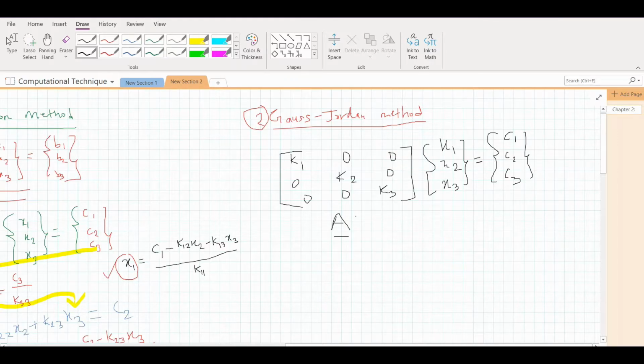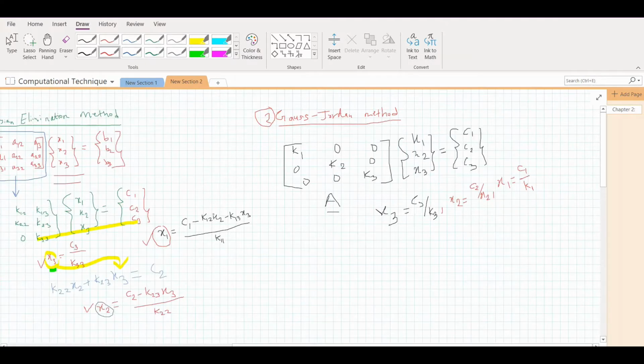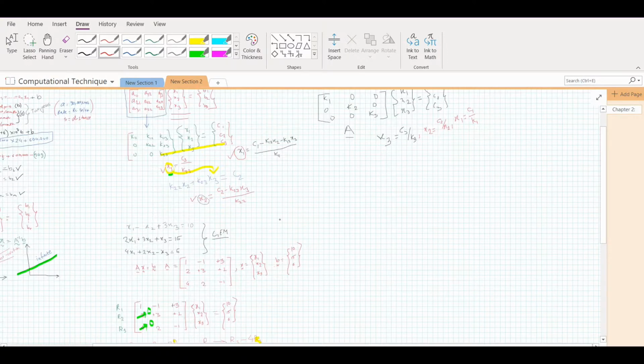So here you can directly solve your equations. So x3 will be equal to c3 by k3, x2 will be equal to, and your x1 will be equal to c1 by k1. You can try solving the same problem and finally obtain this kind of matrix here.